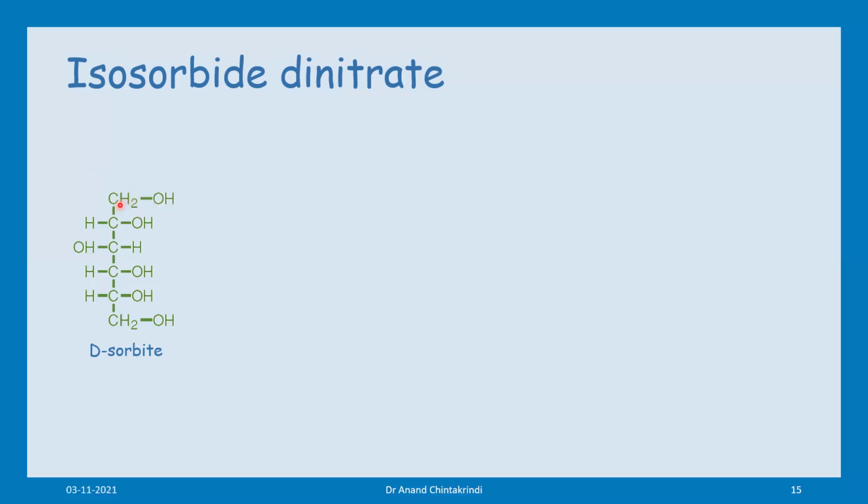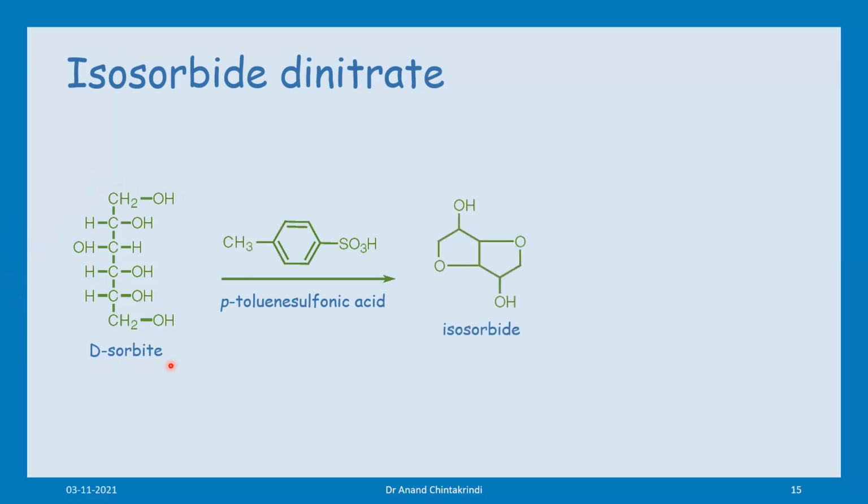This aldehyde group, which is there at the first position, is now reduced to the hydroxy group, hence the name D-sorbitol. Now this, when you react with paratoluene sulfonic acid, forms this isosorbide molecule, which is a result of intermolecular dehydration.